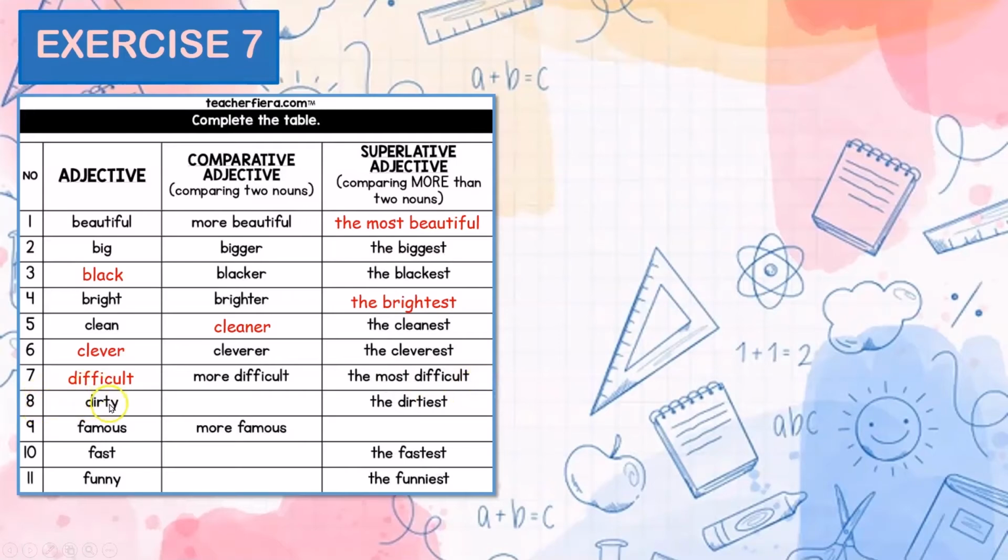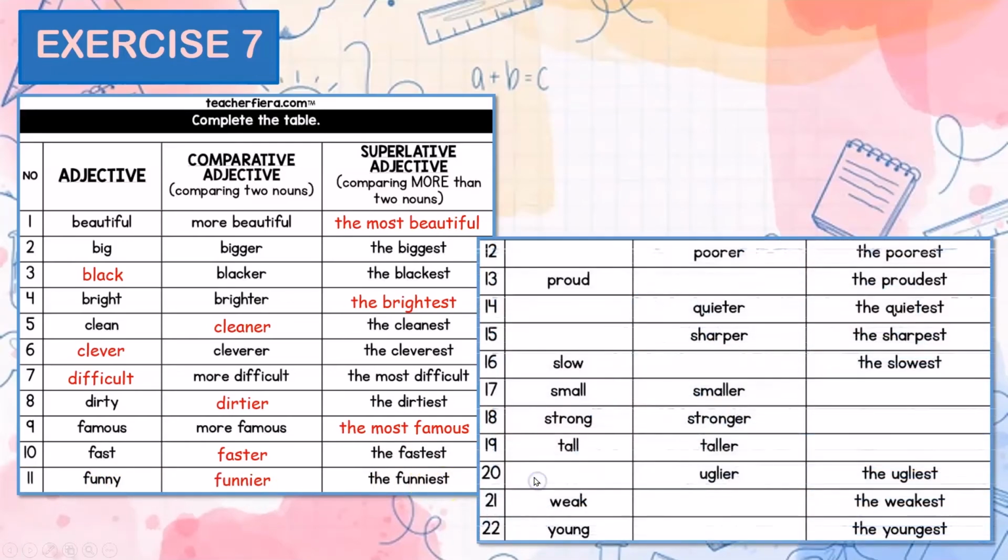Number 8, the answer is dirty, dirtier, the dirtiest. Number 9 will be famous, more famous, and the most famous. Number 10 will be fast, faster, and the fastest. And 11 will be funny, funnier, the funniest.